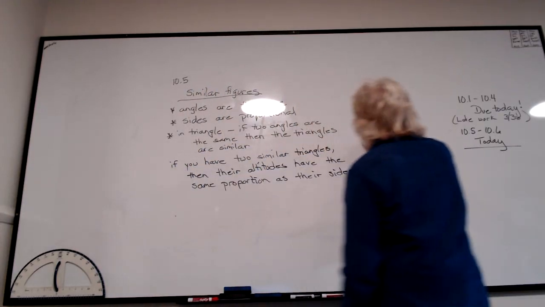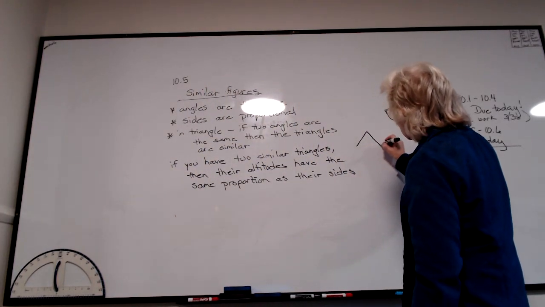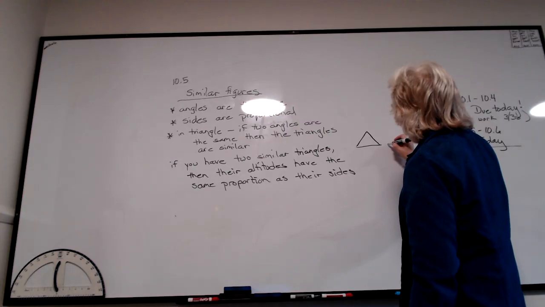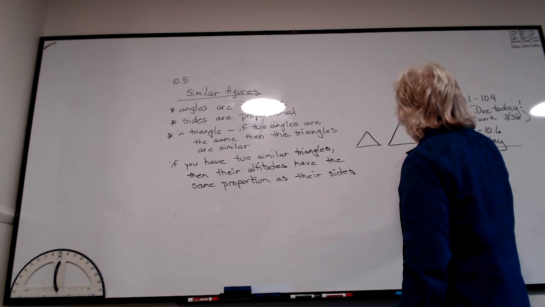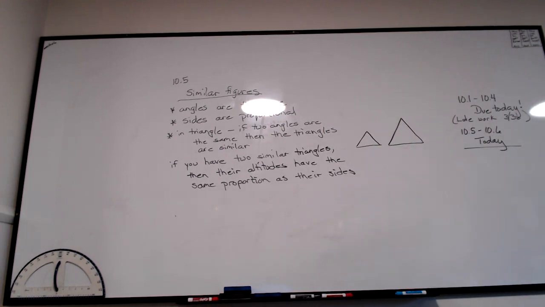Okay, so if we have a triangle that looks kind of like this, that was not meant to be identical, but okay. So we know that they're similar triangles.